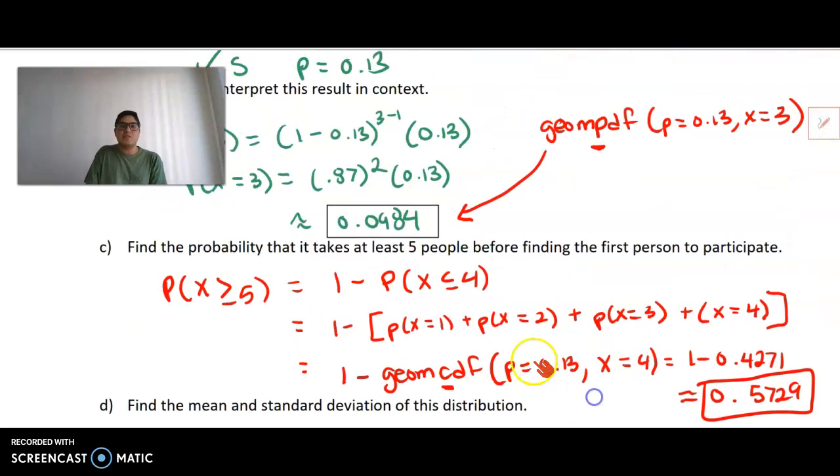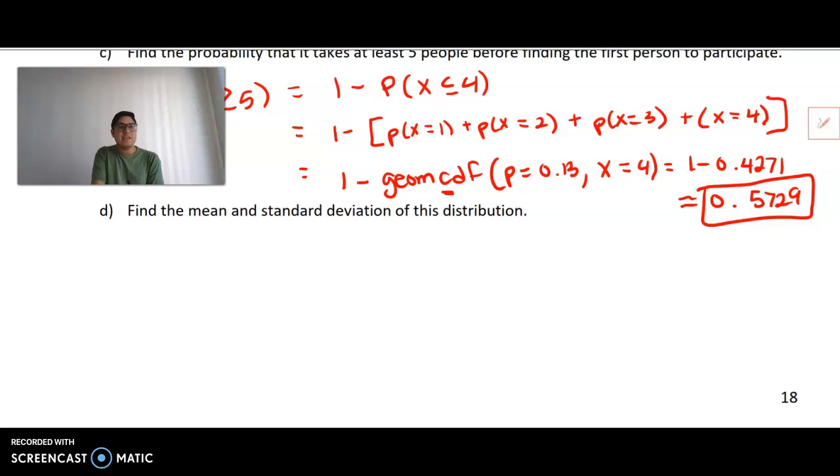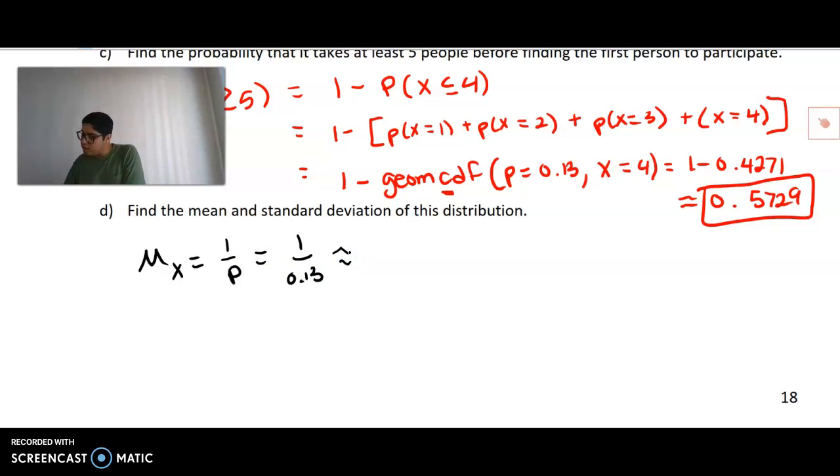Okay, last step. We did an exact value, we did a range of values, now find the mean and standard deviation of this distribution. Mu of x here equals 1 over p, which equals 1 over 0.13. That gives me an approximate value of about 7.69 Americans until I find my first success, but I'm just going to say people here.